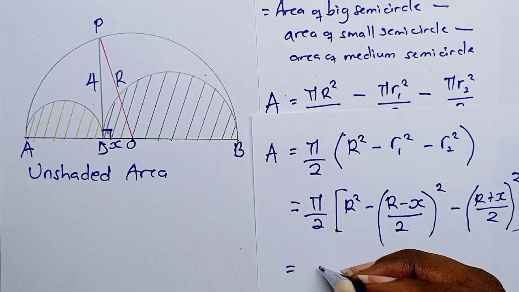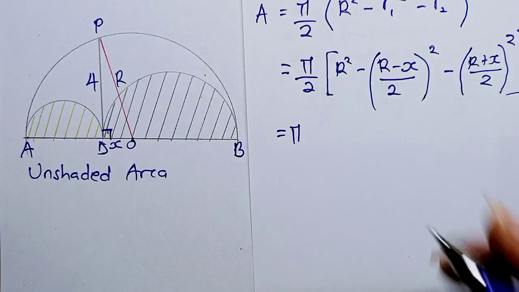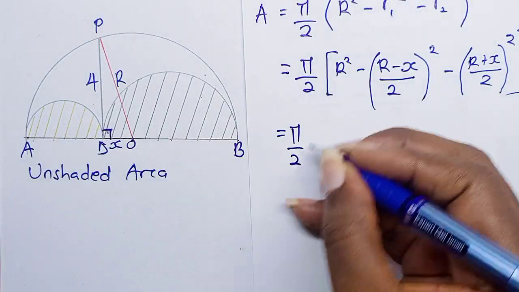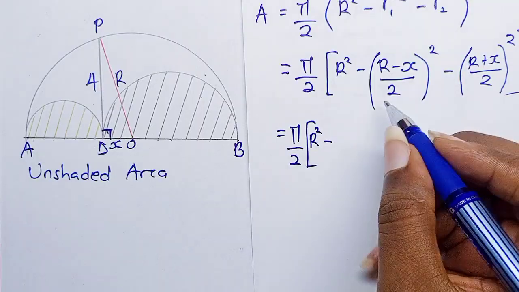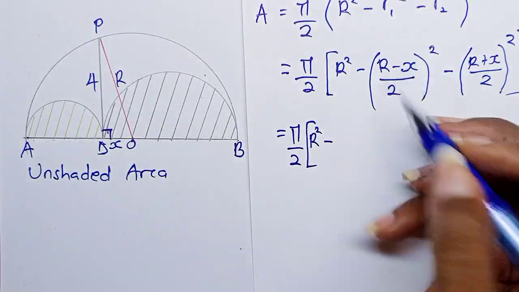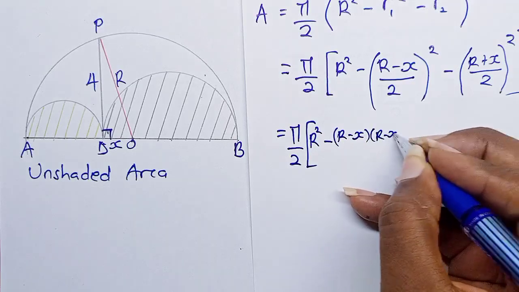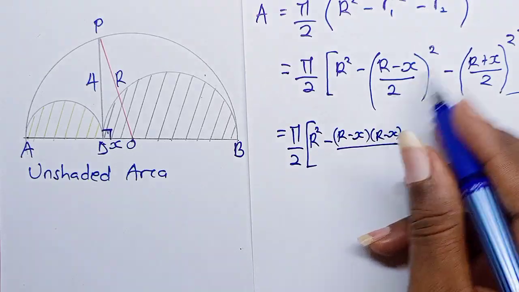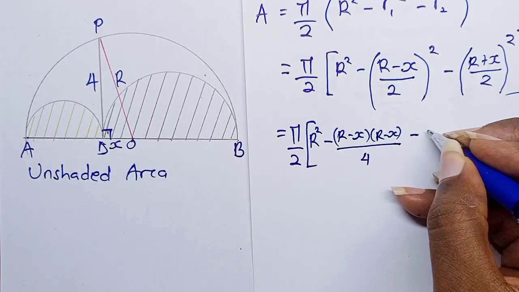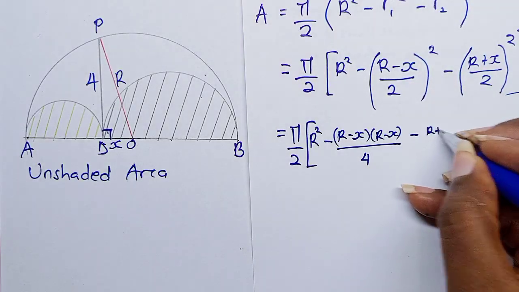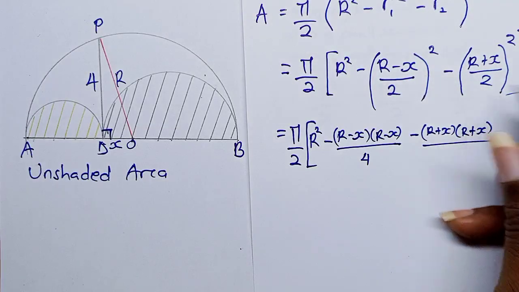So this is equal to pi over 2 into R squared minus, this here becomes R minus X into R minus X over 2 squared, which is 4, minus, this becomes R plus X into R plus X over 2 squared, which is 4.